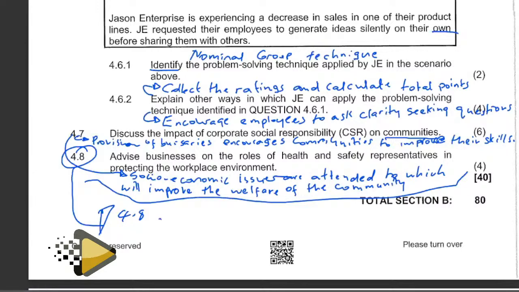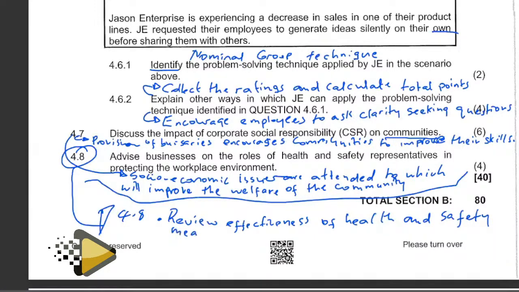Okay, right. We are saying that they must review effectiveness of health and safety measures.